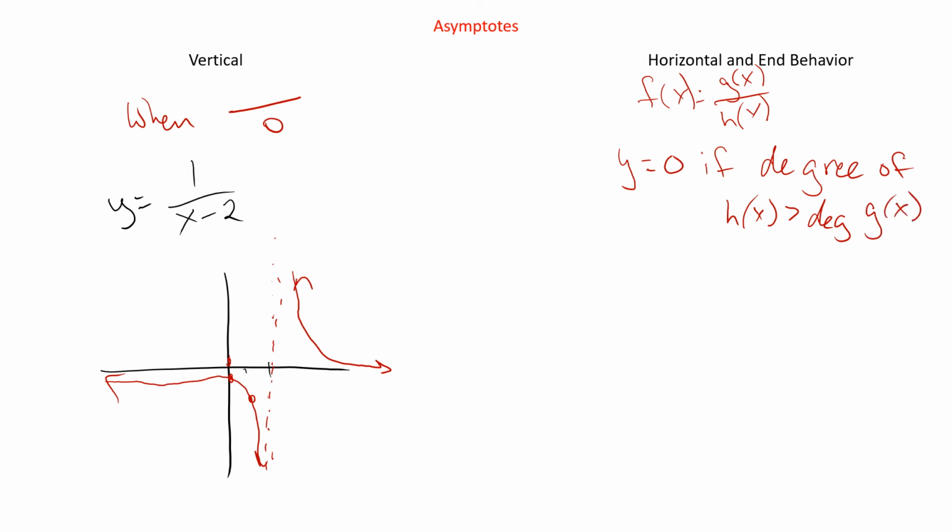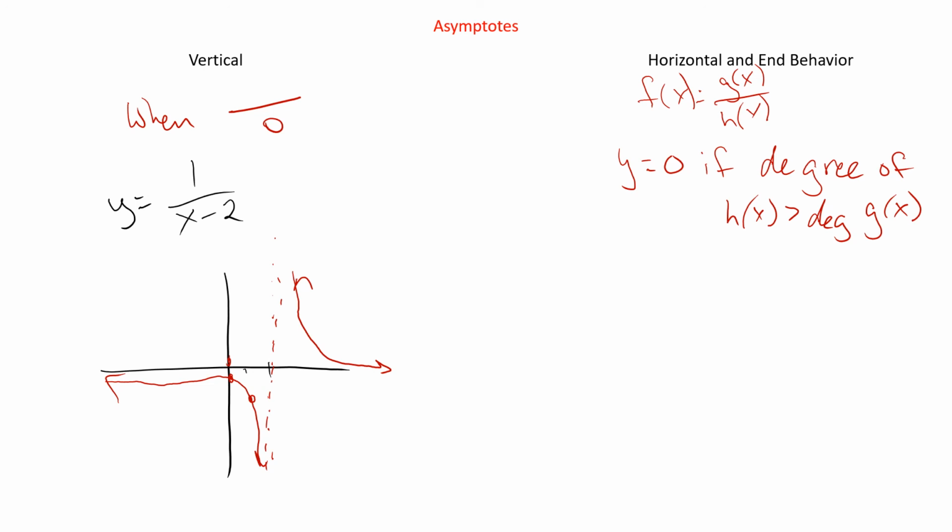So what happens here is the denominator could be squared and the numerator is a linear function. The denominator is going to increase so fast that the numerator isn't going to even make a difference anymore. So that's if the degree is bigger that way.